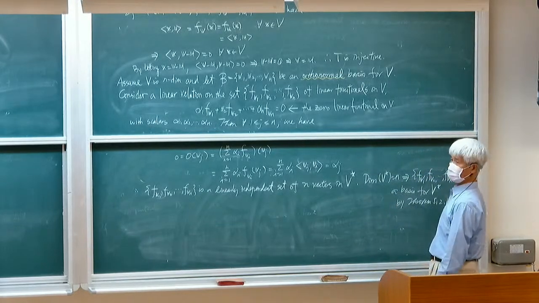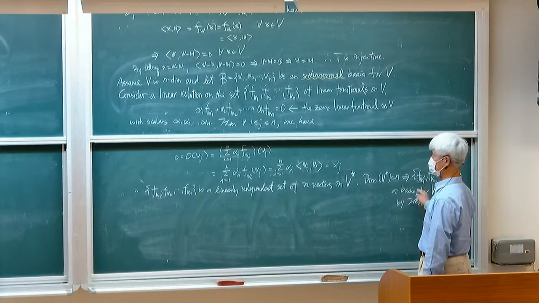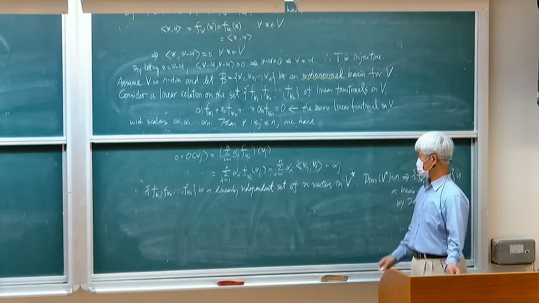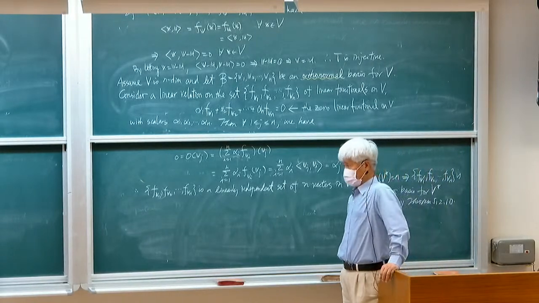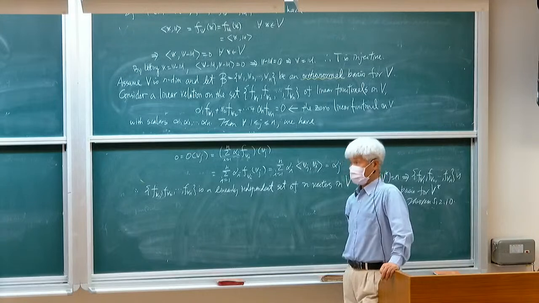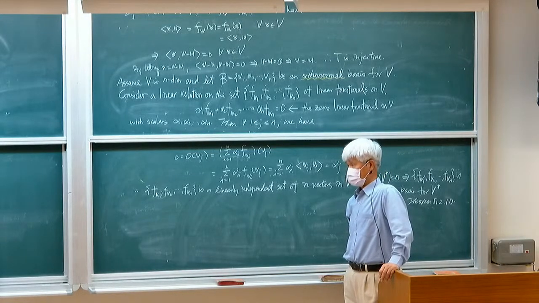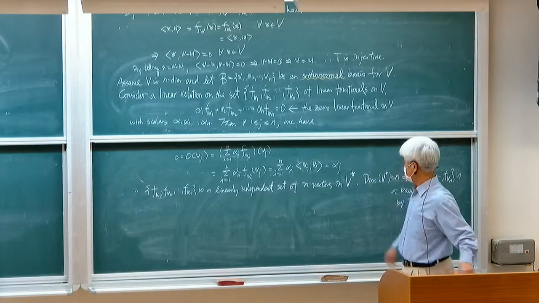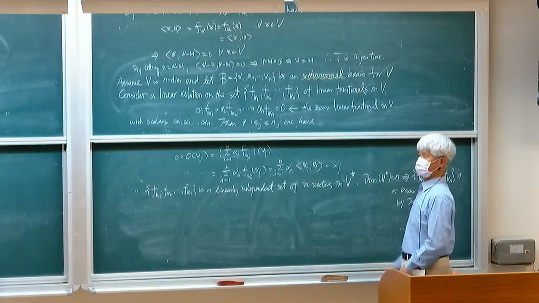Theorem 5.2.10 says that if we have a linearly independent set whose size n is equal to the dimension of the vector space, then this linearly independent set is a basis. Okay, so this is a basis. Got that?